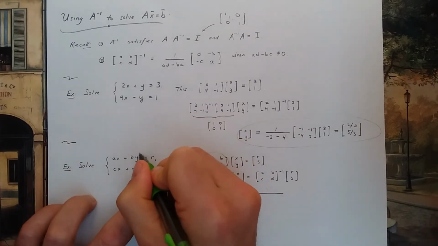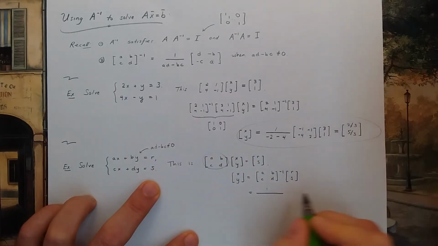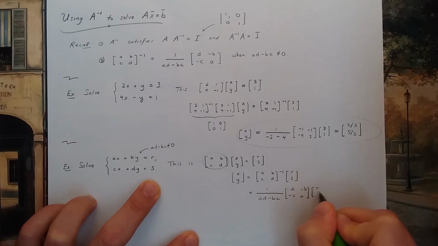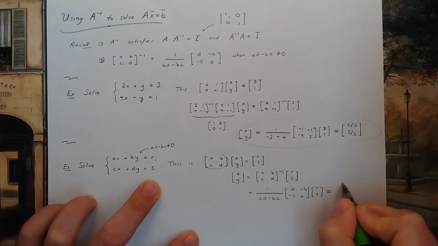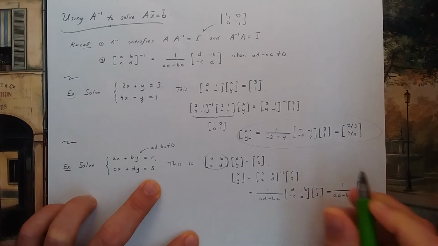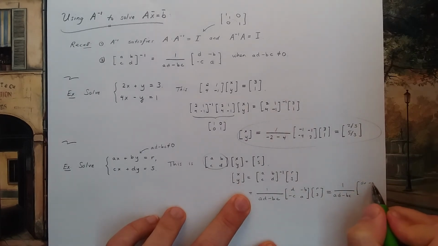If, maybe I should say, AD minus BC is not 0 here. If that's the case, then 1 over AD minus BC times [D, negative B; negative C, A] times (R, S) is my answer. I believe if you do this calculation, you will get (DR minus B times S, negative CR plus A times S), all divided by AD minus BC.